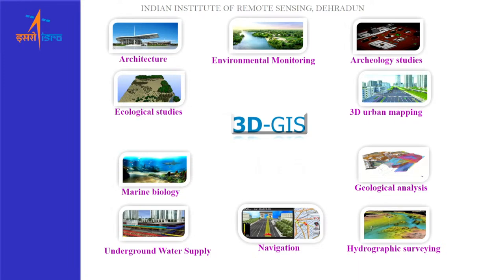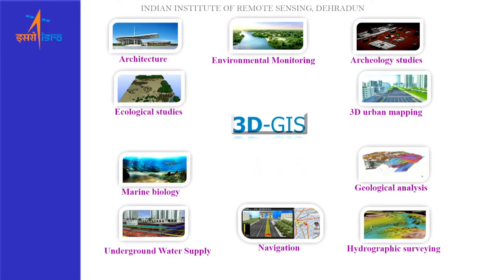If you look at the usage of 3D GIS, it is nowadays used in a variety of areas. It includes geological analysis, hydrographic surveying, navigation, utility lines or underwater supplies, and marine biology.